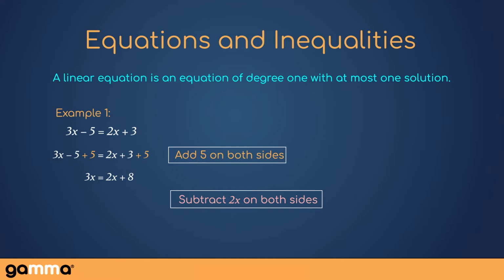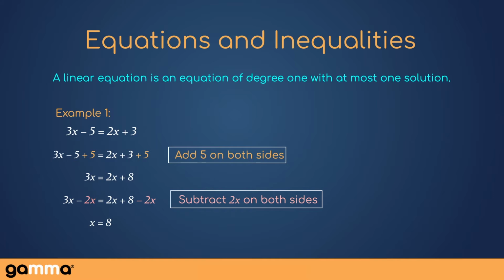So we'll have 3x minus 2x is equal to 2x plus 8 minus 2x. Simplifying, 3x minus 2x is x, because we're subtracting like terms. 2x minus 2x is 0, so we'll be left with 8. So our answer is x is equal to 8.